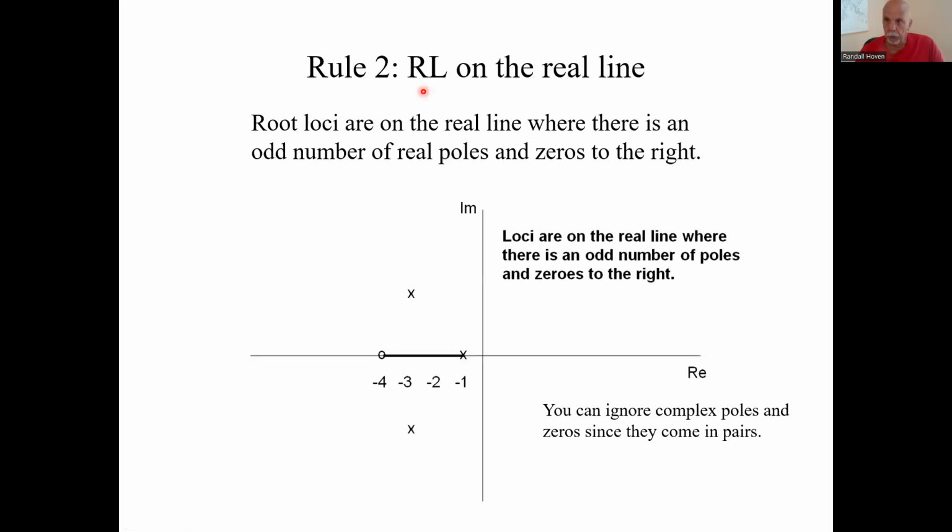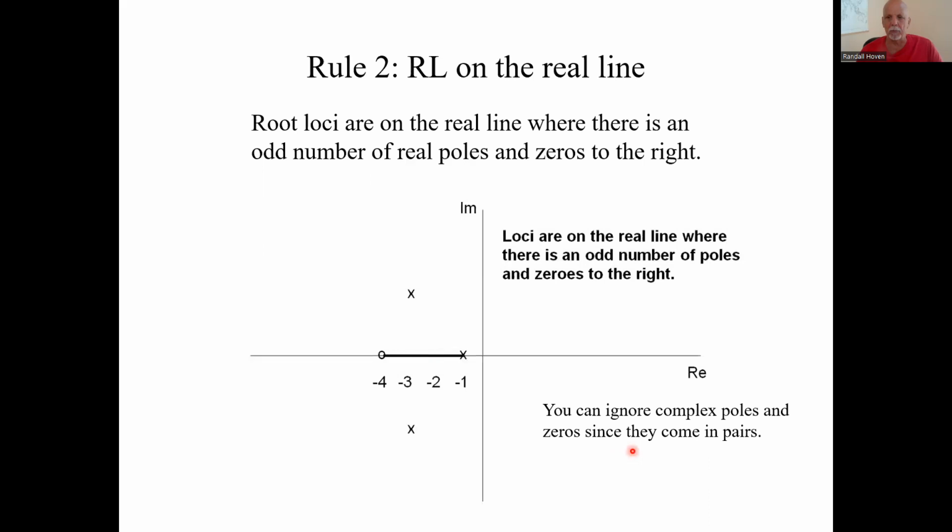First, where is the root locus on the real line? It's where there's an odd number of poles and zeros to the right. So just start out on the right and start moving left. No poles or zeros so far. That's 0, an even number. Keep moving left. Oh, we encountered a pole or zero. That's 1, so there's going to be root locus on the real line left of this little pole. Keep going left. I encounter another 2, but it's a complex pair.